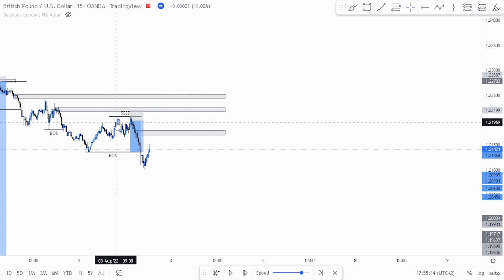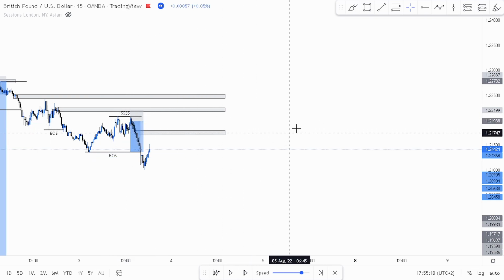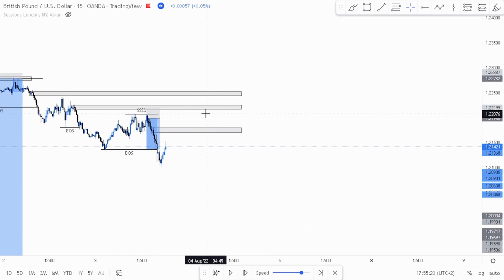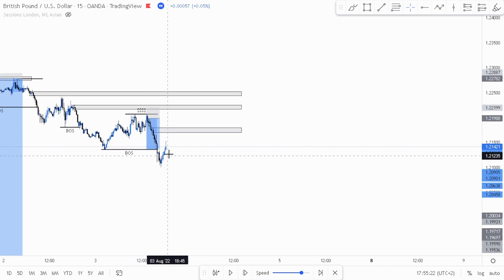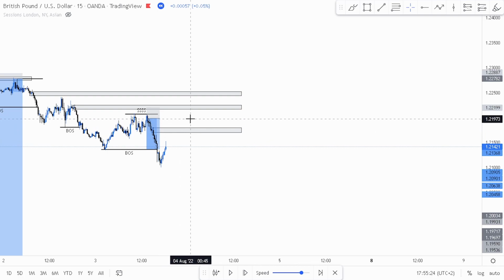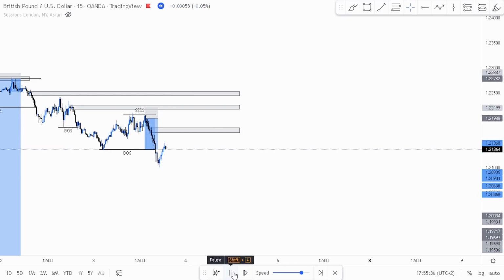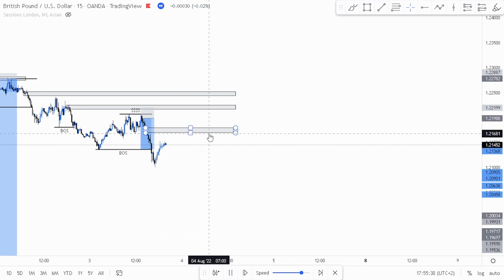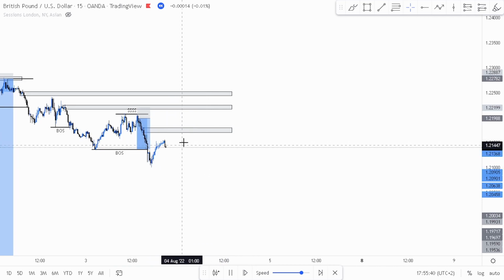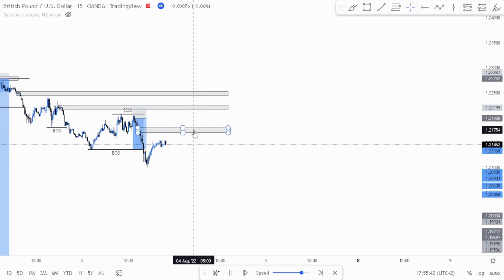A lot of people enter right over here, and there's just free money hanging there, and the banks will just go up, wipe out all those entries, and take their orders at the level of supply and just continue to move in the direction which everybody was looking at. So that is liquidity. Hence why we wouldn't look at this level of supply right over here.